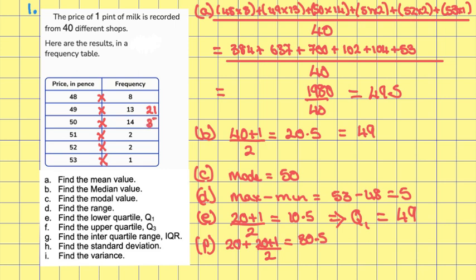If I keep adding up, they are both 50. So therefore, Q3 is equal to 50. G, the interquartile range, well, that is equal to Q3 minus Q1, which is equal to 50 minus 49, which is equal to 1.